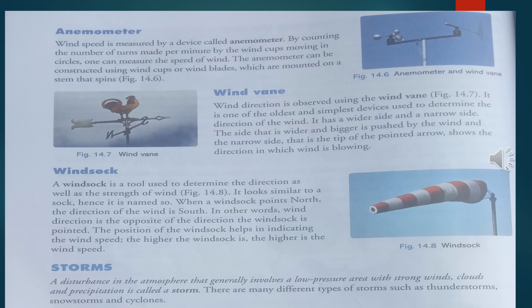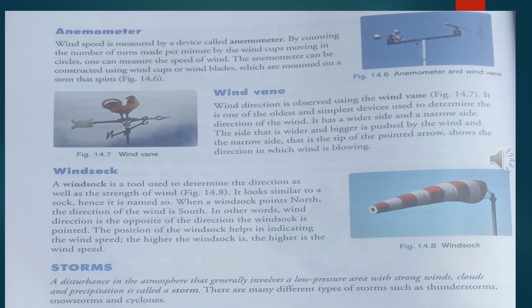Another device is called a windsock. A windsock is a tool used to determine the direction as well as the strength of the wind. In figure 14.8 you can see it looks similar to a sock, hence it is named so.